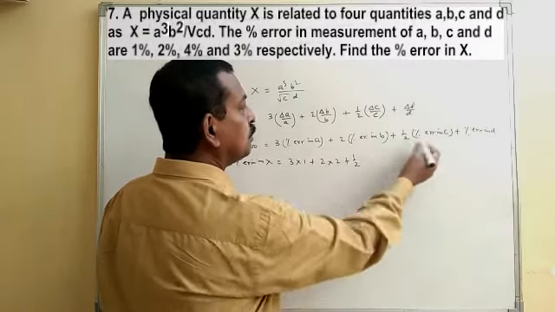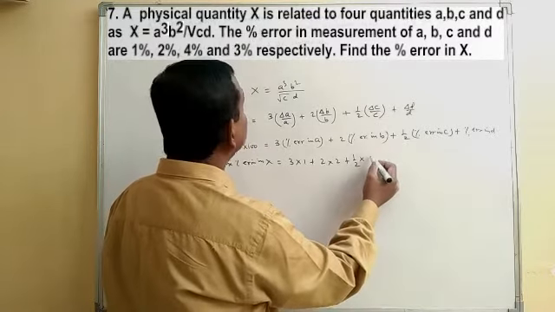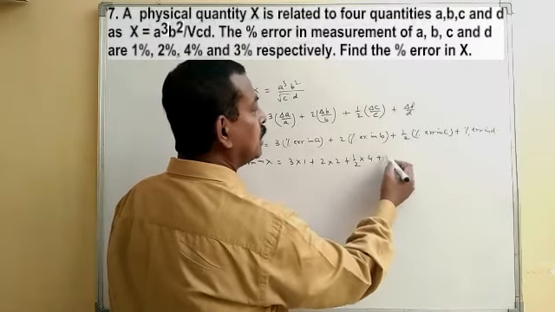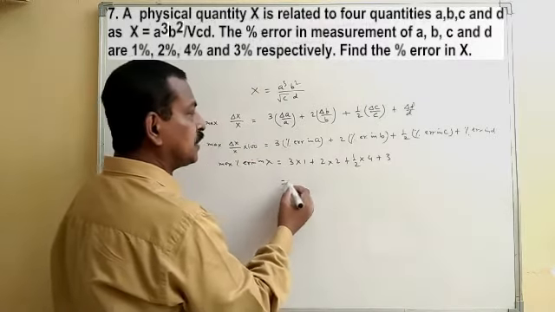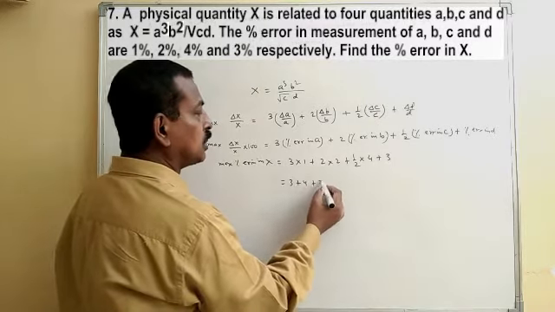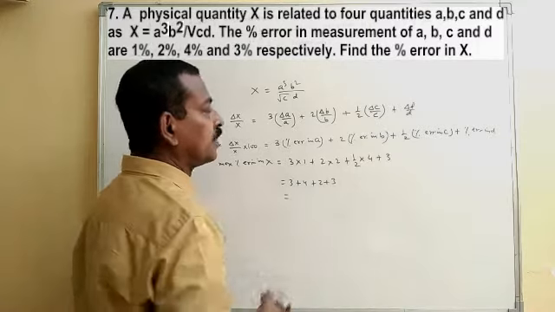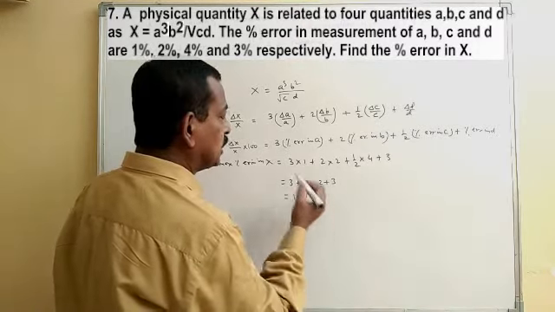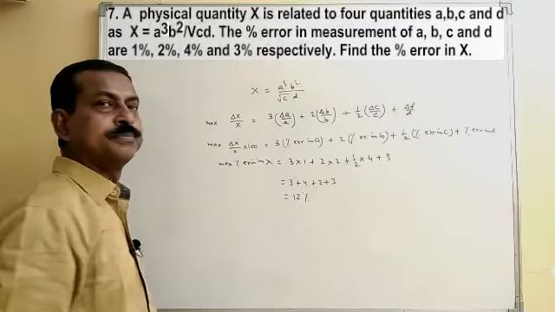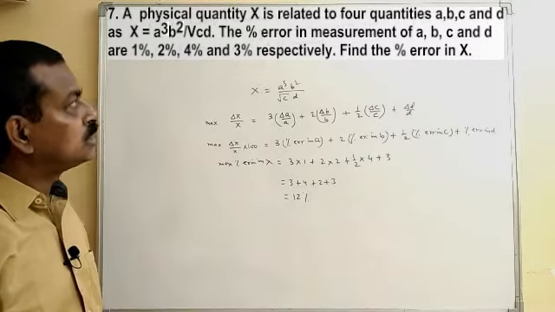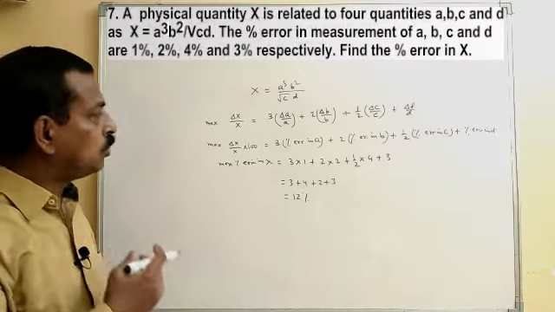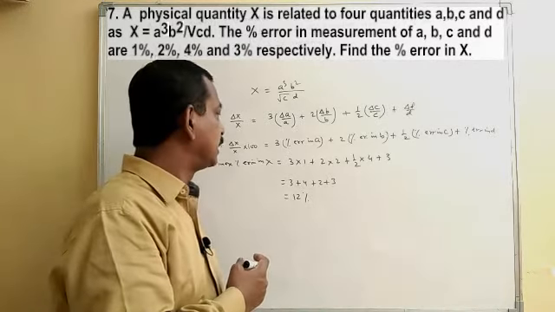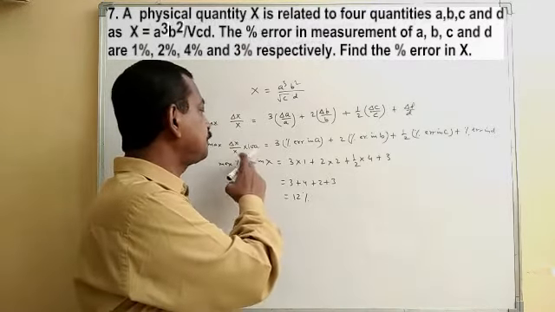It is half, the percentage error in C is 4%, and this is 3%. So it is 3 plus 4 plus 2 plus 3. So this is 12%. This gives you the value of the maximum percentage error in X.